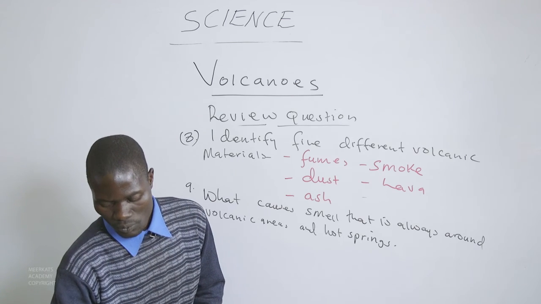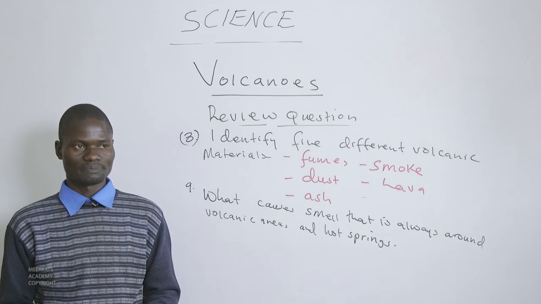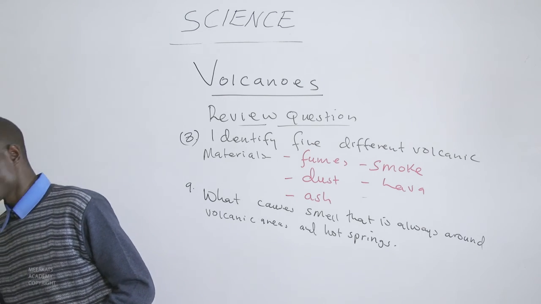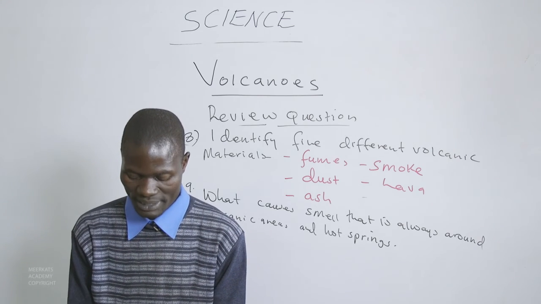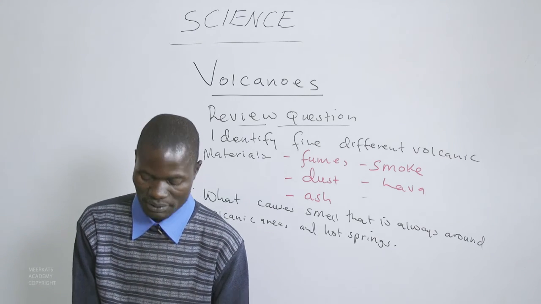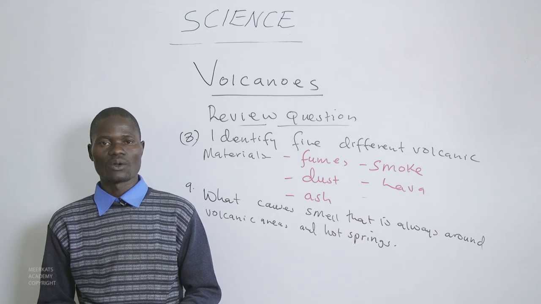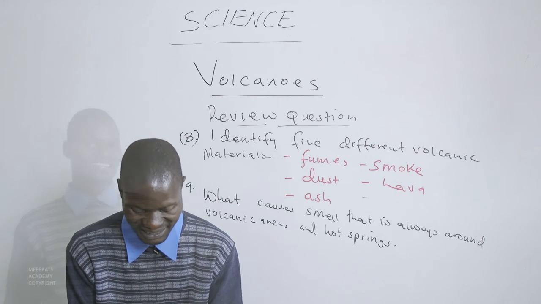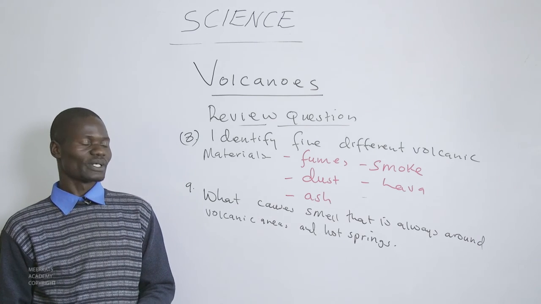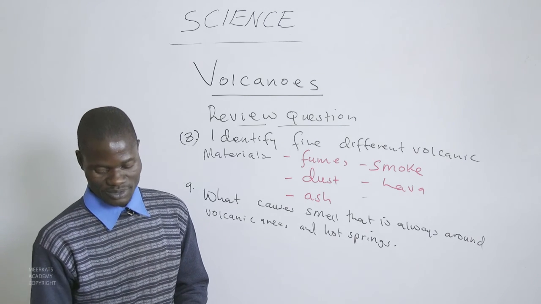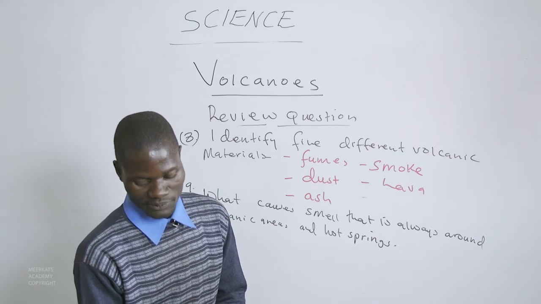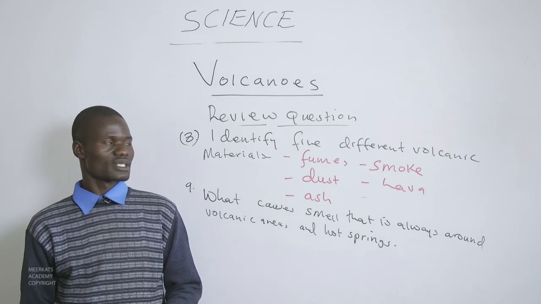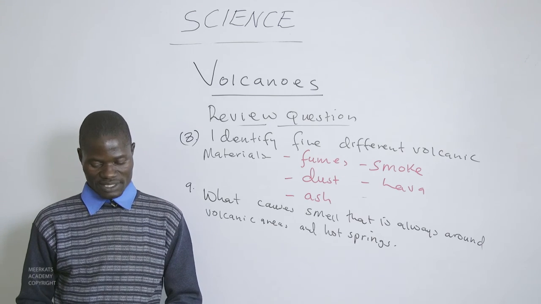Therefore, when you respond to that question, you will find that this topic and its concepts are very simple, and you will find it very interesting. Then we'll be able to see what volcanoes can do on the Earth's surface.